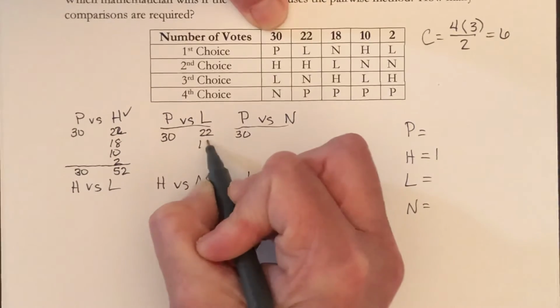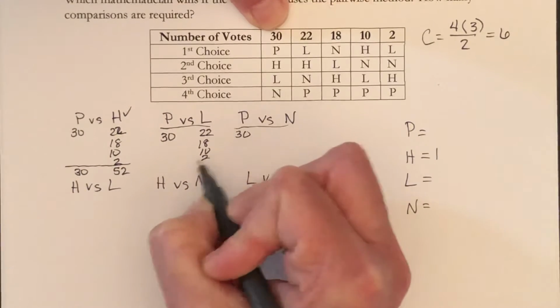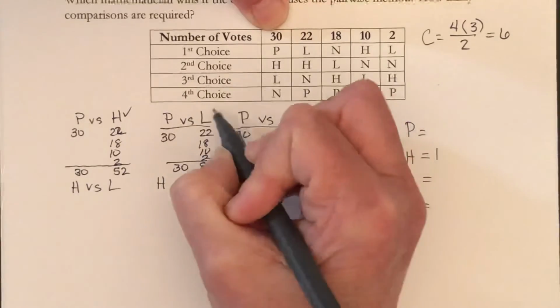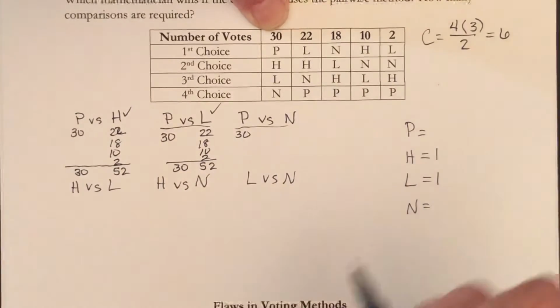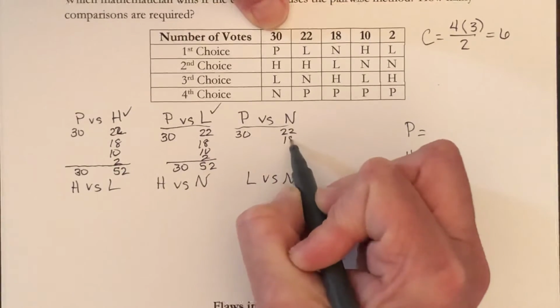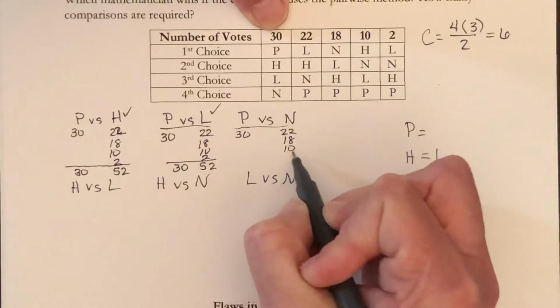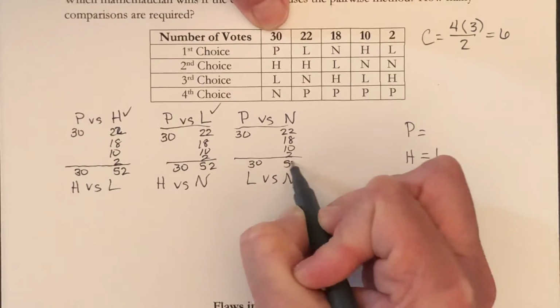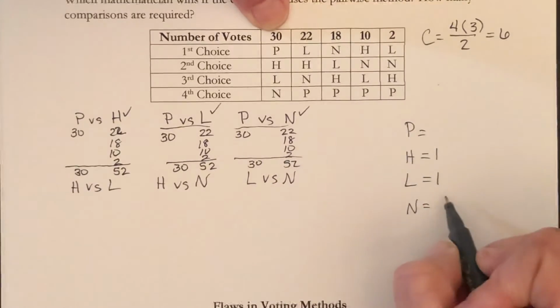So 22, 18, 10, and 2, which is again 30 to 52. So Leibniz wins 1 point. And then the same values here. So 30 to 52 again. Newton wins and gets 1 point.